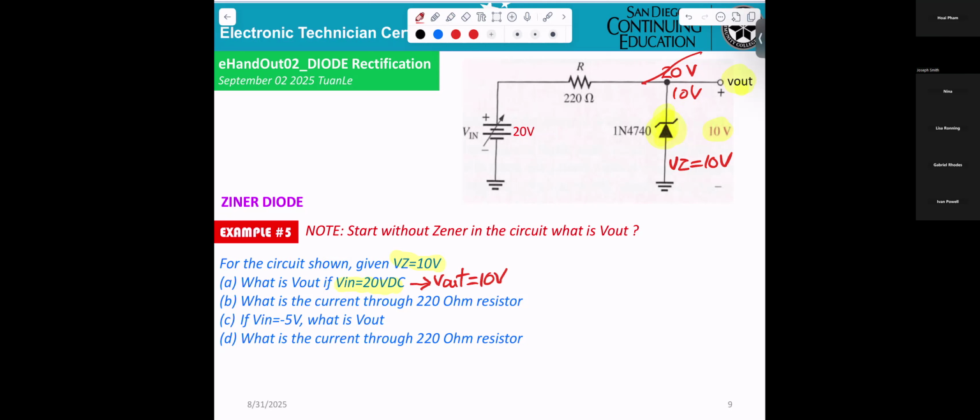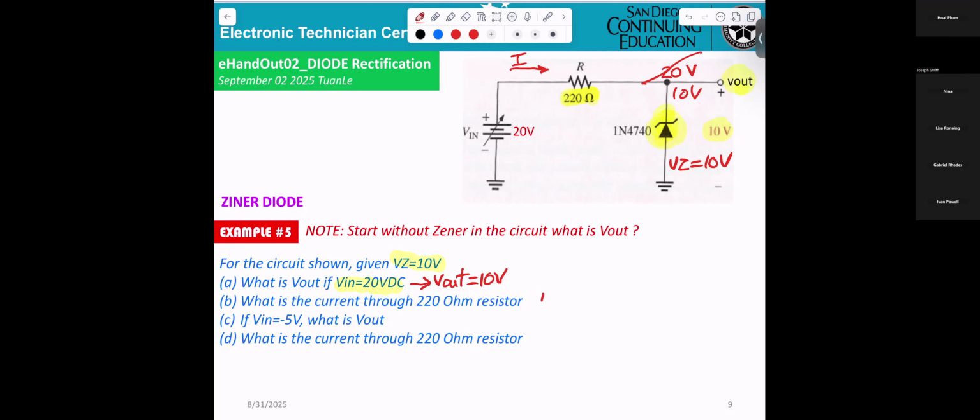What is the current flowing through the 220 ohm resistor? I is 45.45 milliamps.